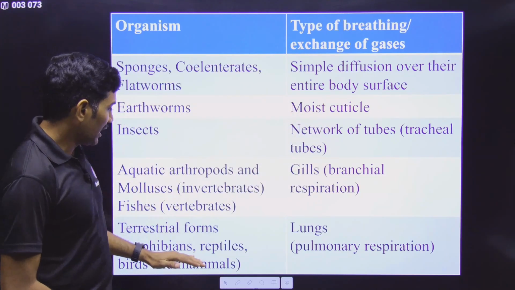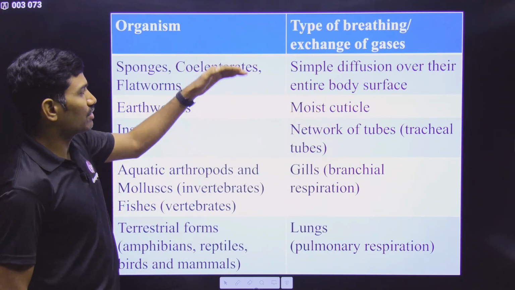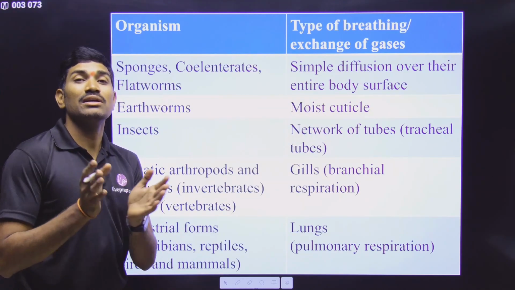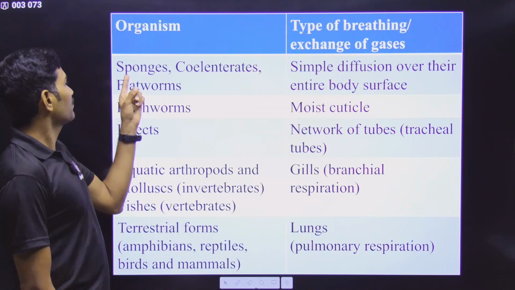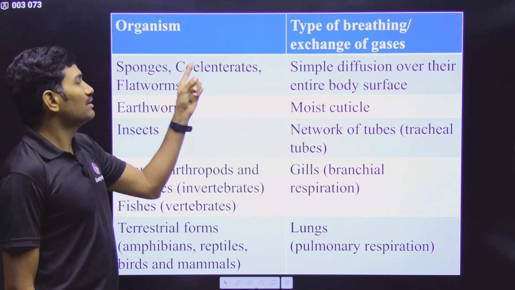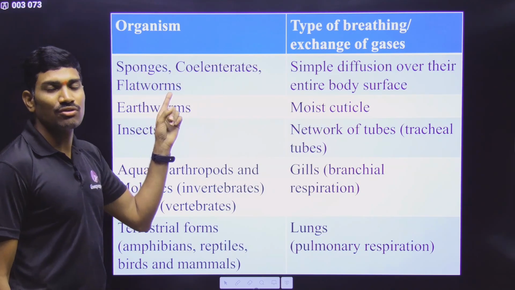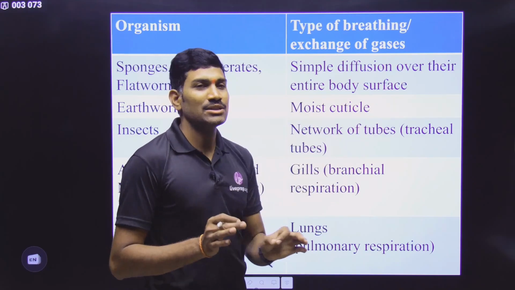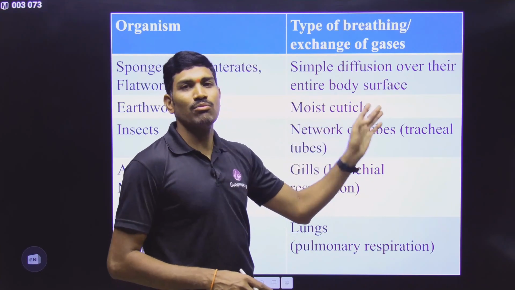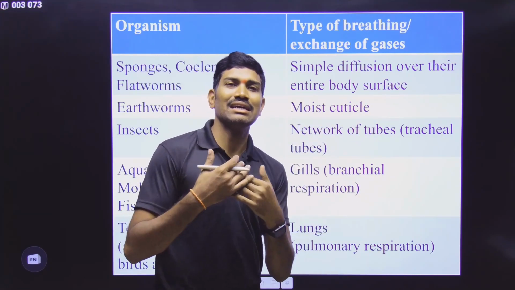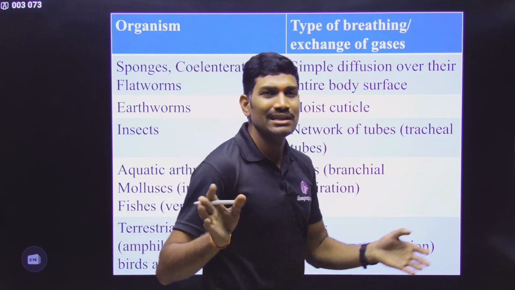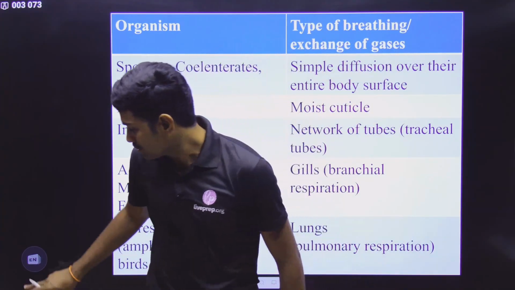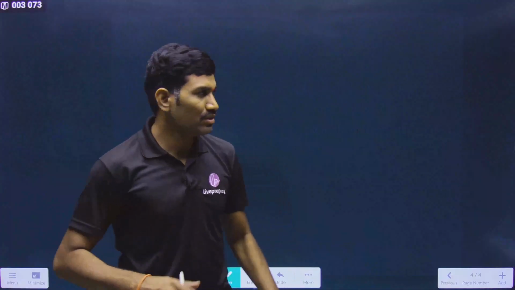So from the higher to the lower organisms, respiratory organs may not be separately present. Please observe carefully. In the case of sponges, coelenterates, and flatworms also, through the mechanism of simple diffusion over the body surface, exchange of gas is directly taking place. This is the most important point you need to observe carefully here.